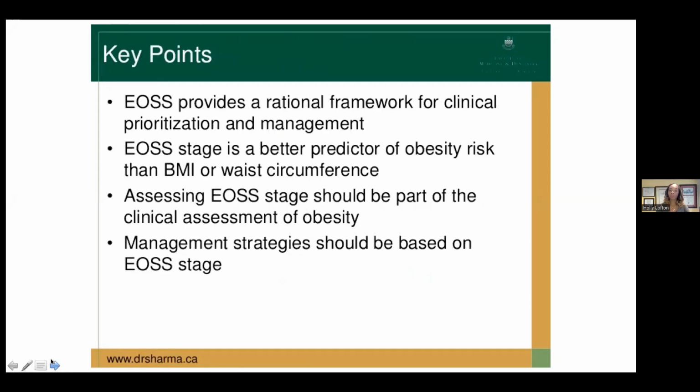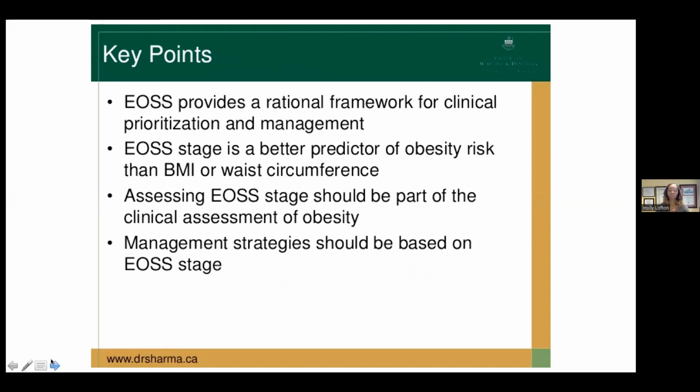So just to summarize about the Edmonton obesity staging system, it's easy to determine. You look at the BMI, that's easy to calculate. Patients look at their weight, their height. The electronic medical record often calculates that for us. Now, we can take into account how's the patient's mental status. Are they having depression? Are they stigmatized because of their weight?